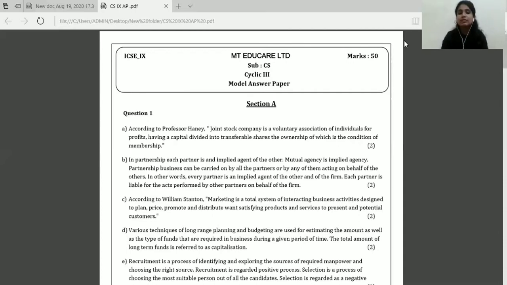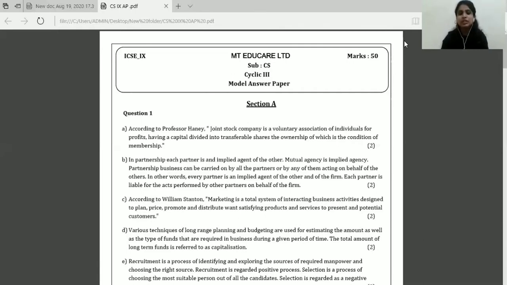Now, question 1B was a statement kind of question: in partnership, each partner is an implied agent of the other. Explain the statement. Since a statement was asked, you're supposed to explain the statement, right? This can be answered in your own words. You need not write everything word to word.